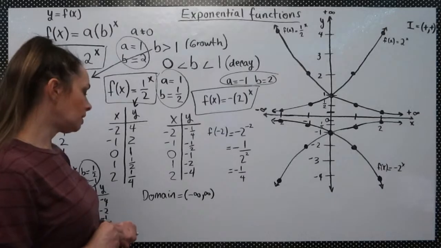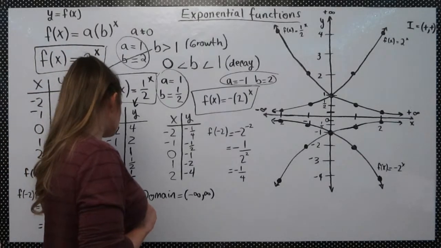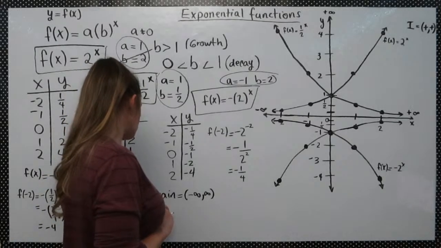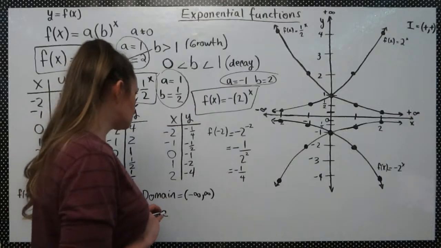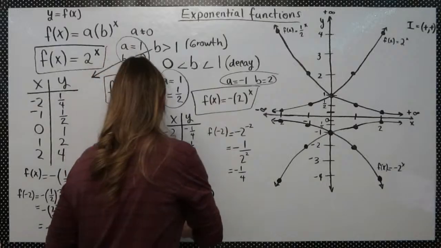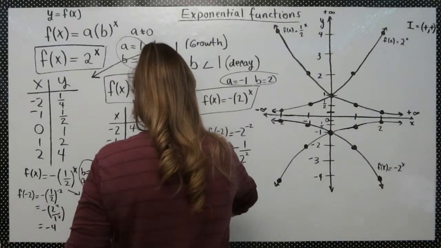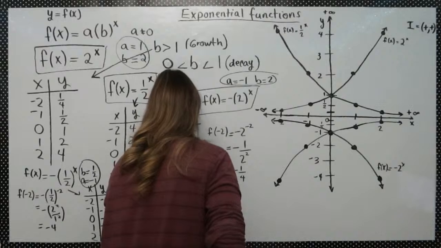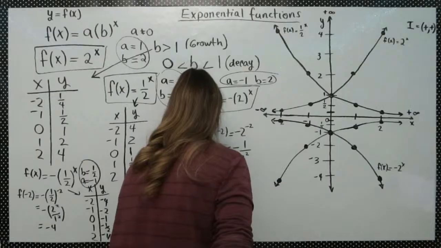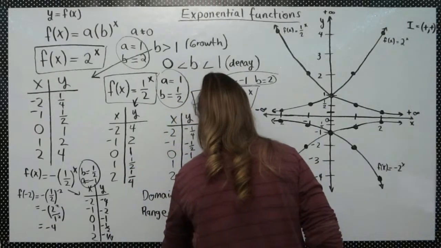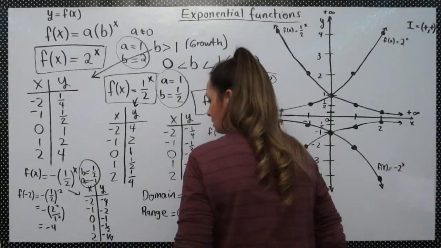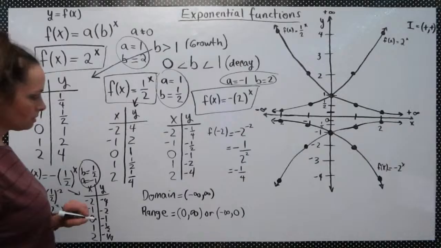However, the range is going to be restricted, because you've got that asymptote, and we're going to have to talk about it. Typically the range is parentheses 0, comma, positive infinity, or we'll say negative infinity to 0, depending on a.